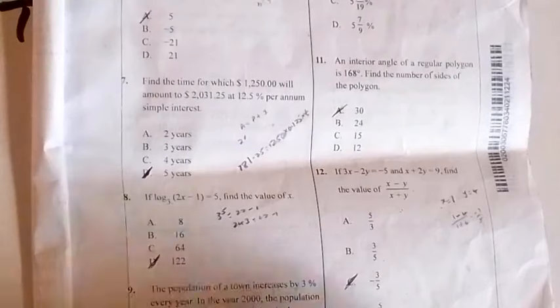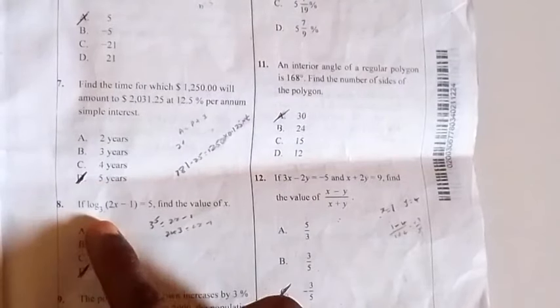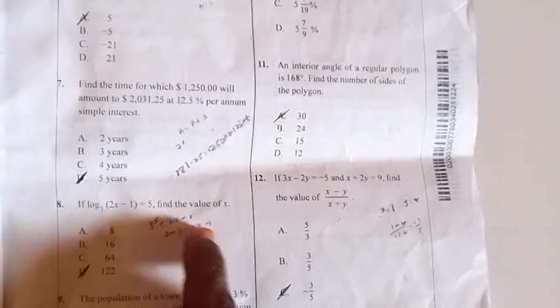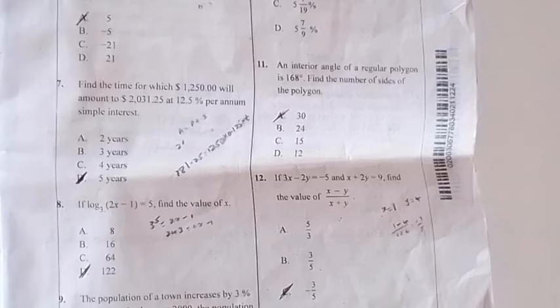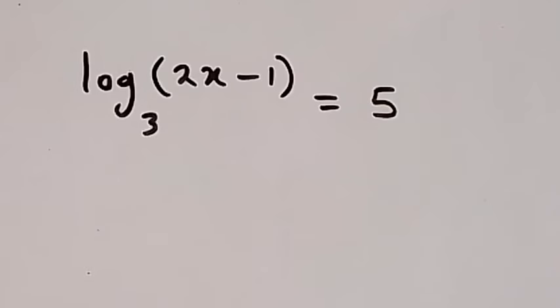Now, number 8, we have: if log (2x minus 1) to base 3 equals 5, find the value of x. From here, we change what is given from logarithm form to index form.